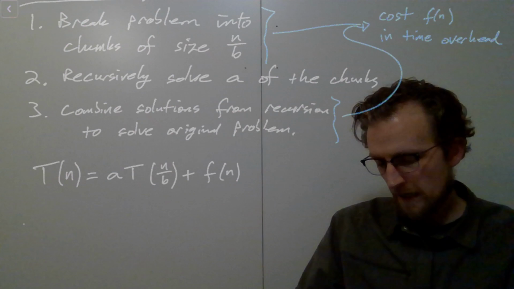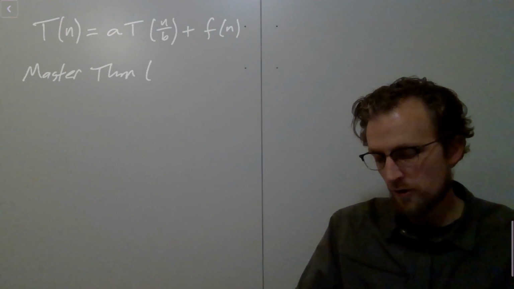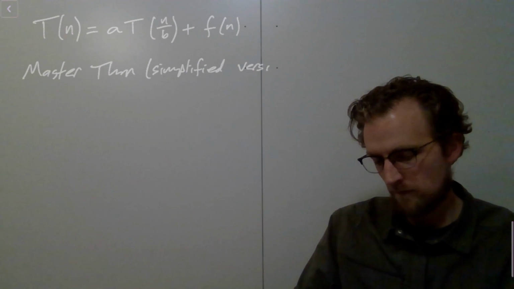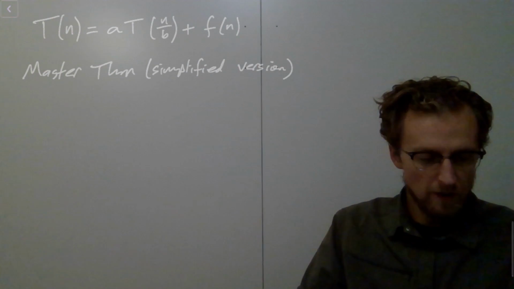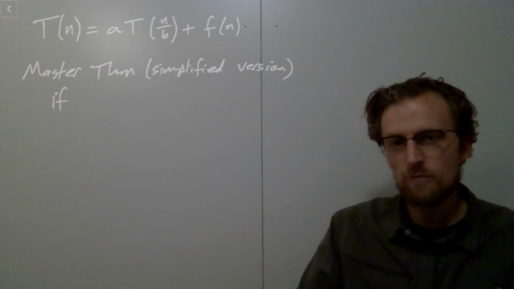All right, so here's the master theorem. And I want to make sure that it's clear: this is the simplified version. Suppose that f of n, and this is the simplification, has a specific form.